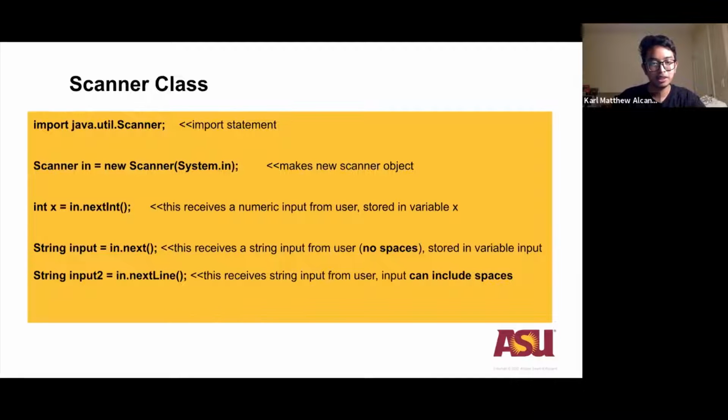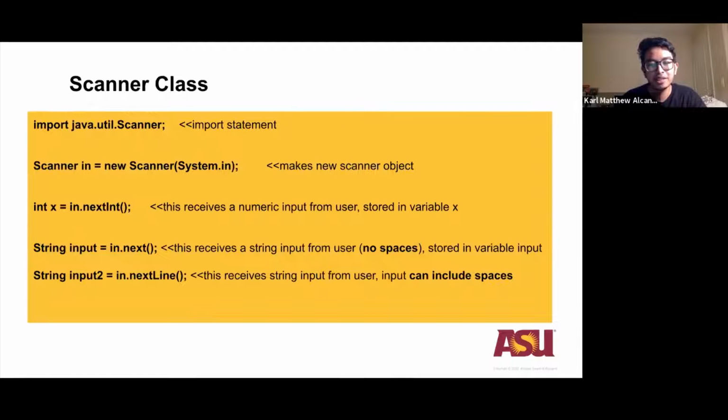And the same goes for strings. There's actually two ways that you can use a scanner class in order to input a string. First you can do in.next, and what this does is it receives a string input from the user, but you cannot have any spaces in that input.